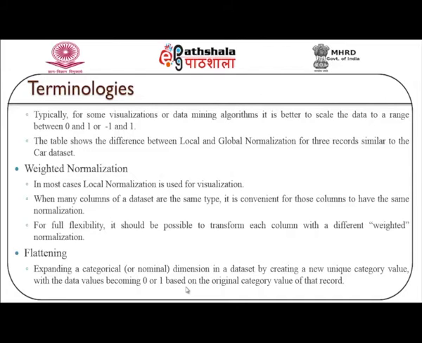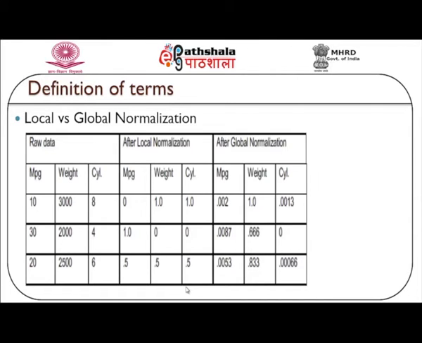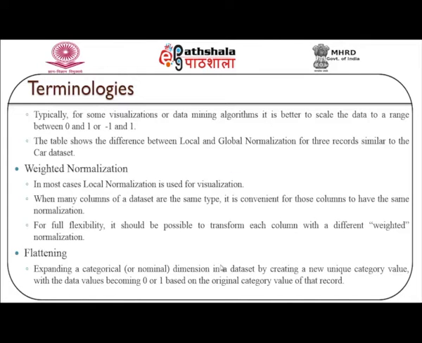The table shows the difference between local and global normalization for 3 records, which is similar to that of the cars dataset. Here we can see that after local normalization the values lie between 0 and 1 in each case, and after global normalization they try to match the values between minus 1 and plus 1.